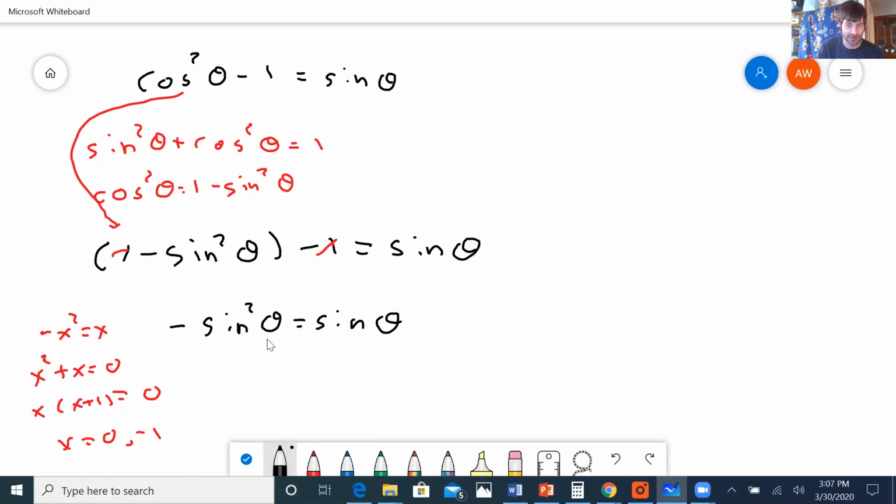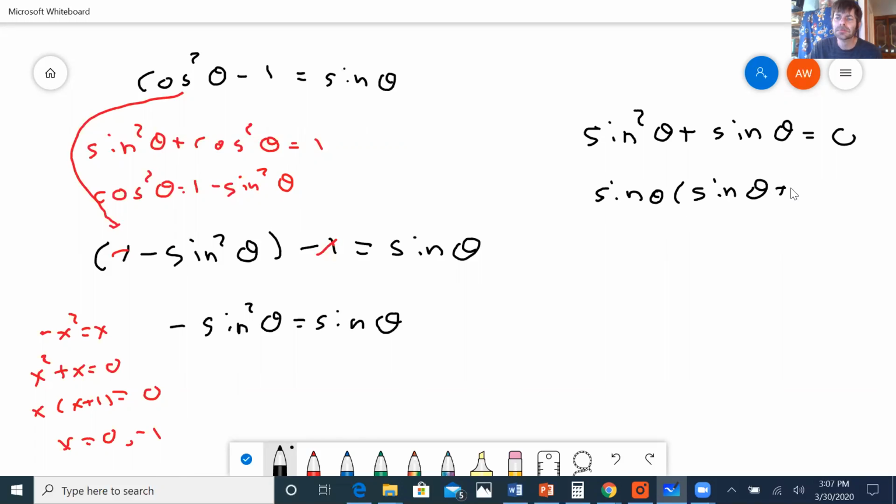I'm going to do the same thing here with it being sine instead of x. Then I'll factor out my sine, the same way I did over here. So then you have that sine theta is 0 or sine theta is negative 1.